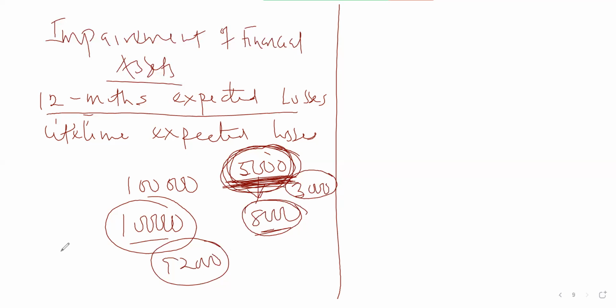It will be treated as a normal provision, because the asset will still be carried at 100,000. For the first time, if it is 12 months expected losses, our interest income or our coupon will still be calculated on the nominal value.